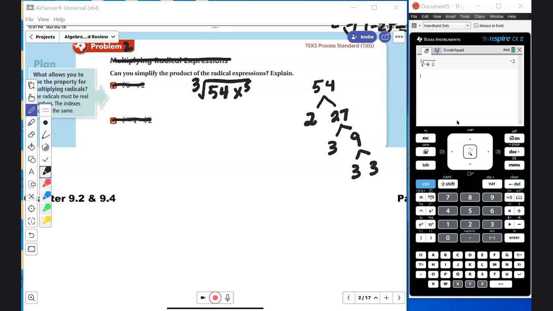So what I would do is write this using factorization. So we have 2 times 3 to the third power. And we have x to the 5th, which is the same thing as saying x to the 3rd times x to the 2nd.